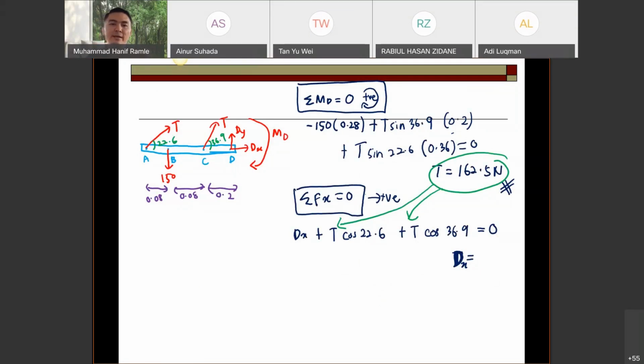What is the value for dx? Minus 280 Newton. So everyone please check.